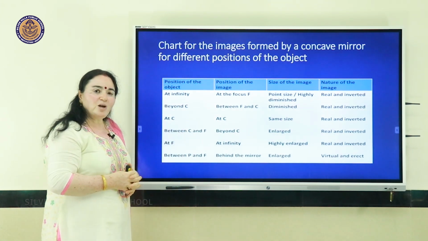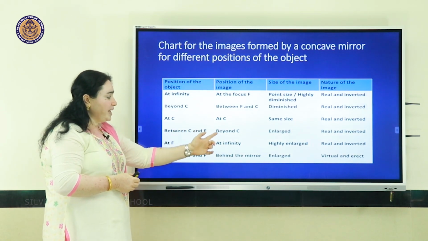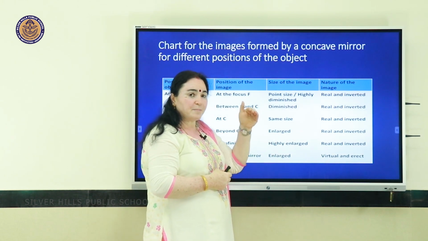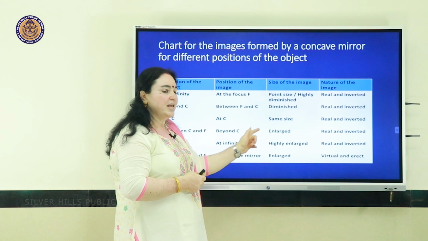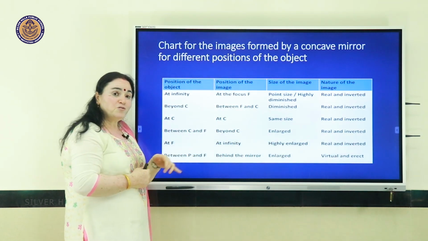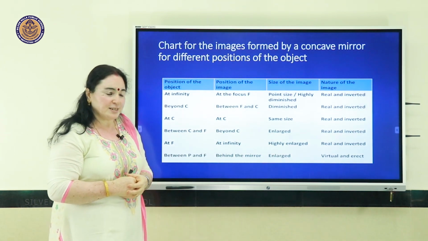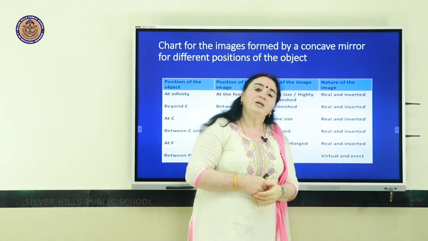Next, when I keep the object between the center of curvature and the focus, I get my image beyond C. It is enlarged. Now it starts becoming bigger. The image starts becoming bigger than that of the object. Again, real and inverted. At focus, the image will be at infinity, highly enlarged, yet real and inverted.